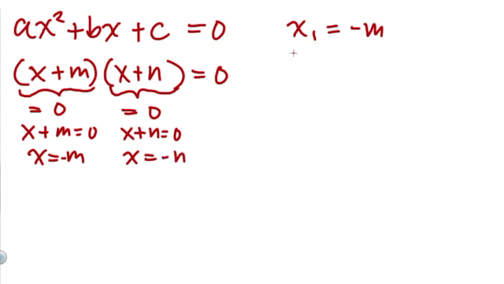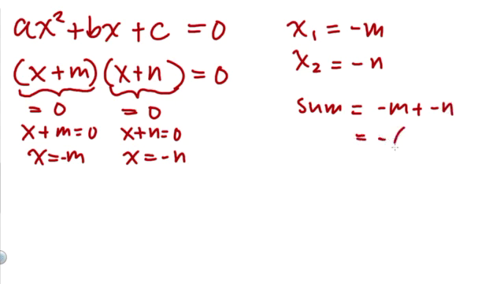Another solution for this quadratic equation is x sub 2 equals negative n. Now, the sum of these two solutions is equal to negative m plus negative n, or simply the negative of m plus n.